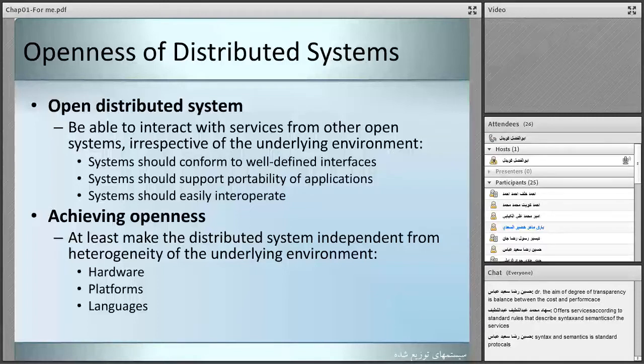And what is the type of return value of this function? It is an interface. So when we use standard interfaces in our protocols, it would be easy to add new services to the system.